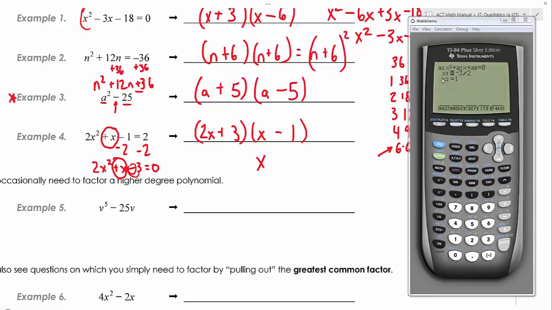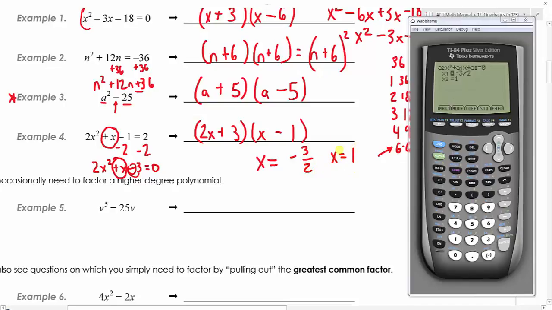The calculator has produced my roots. Remember, this app was called the Polynomial Root Finder. Roots are the same thing as zeros. So what those two values tell me is that x equals negative 3 halves and x equals 1.